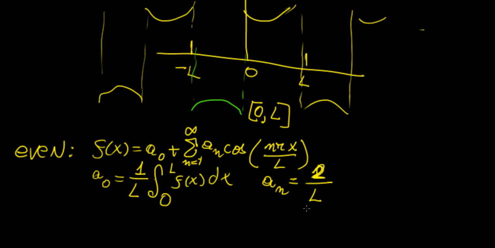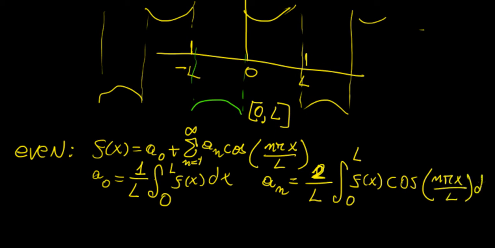So if you halve L, then you get 2 over L. This is going to go from 0 to L of f of x cosine n pi x over L dx. So those are our two coefficients, and then bn is just going to be 0 all throughout, because we're taking an even function.